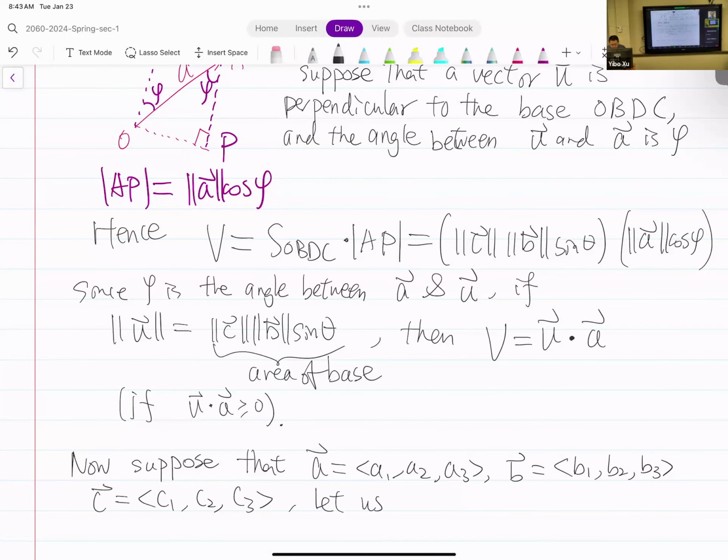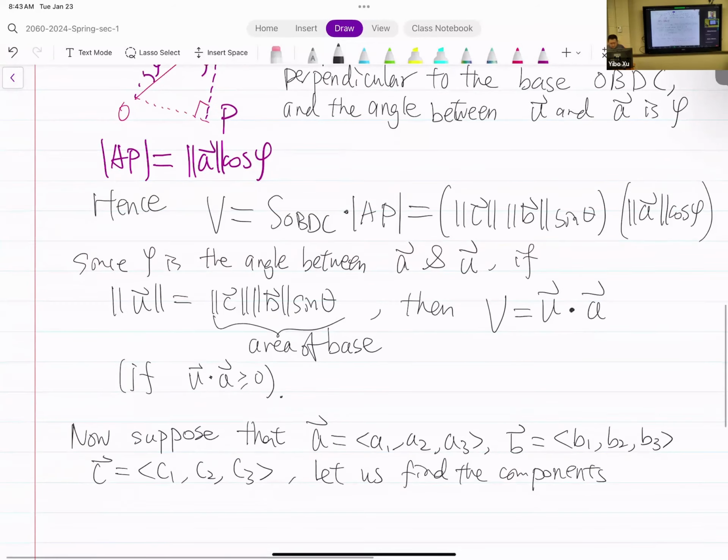Let us find the components of U, which we just denote as X, Y, Z.